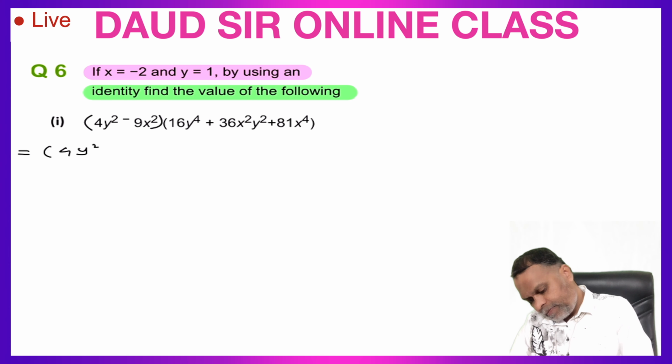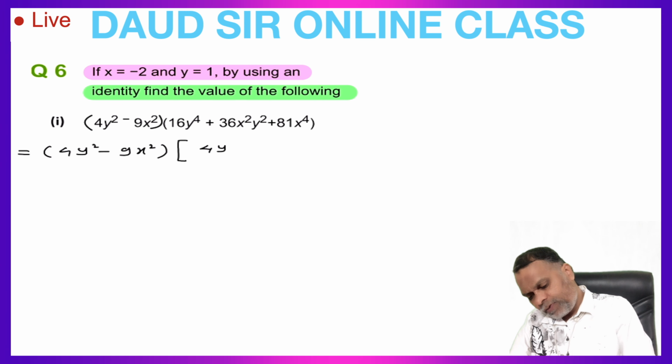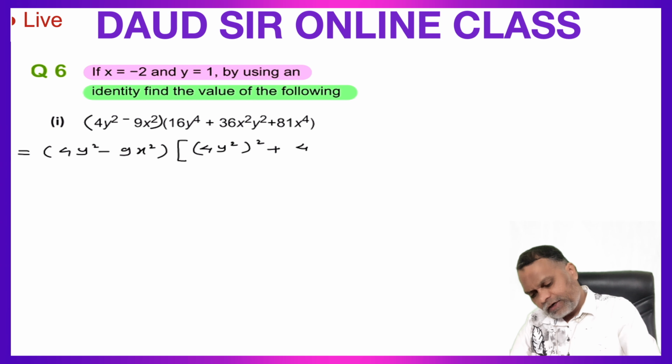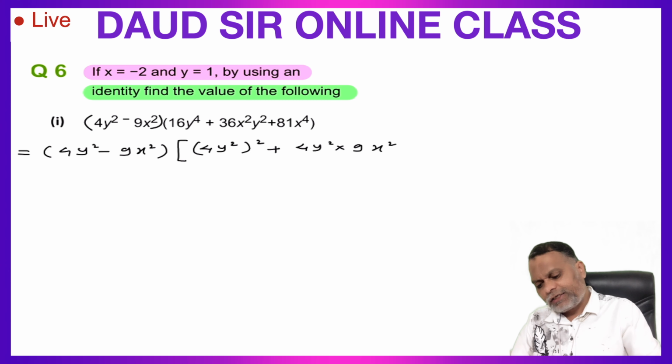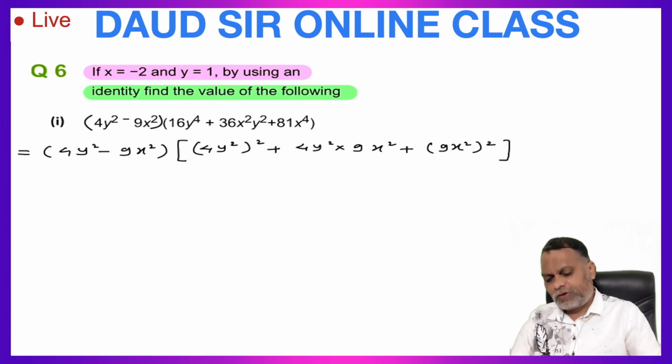So this we can write 4y square minus 9x square as it is. In the second bracket, 16y raised to 4 can be written 4y square whole square plus this 36x square y square can be written 4y square into 9x square, 4 9s are 36, x square y square, and this 81x raised to 4 can be written 9x square whole square. 9 square is 81, x square squared is x raised to 4.